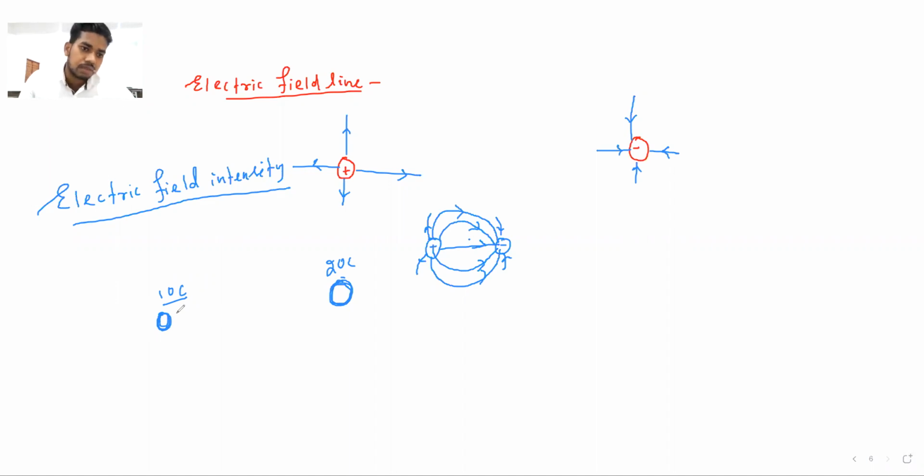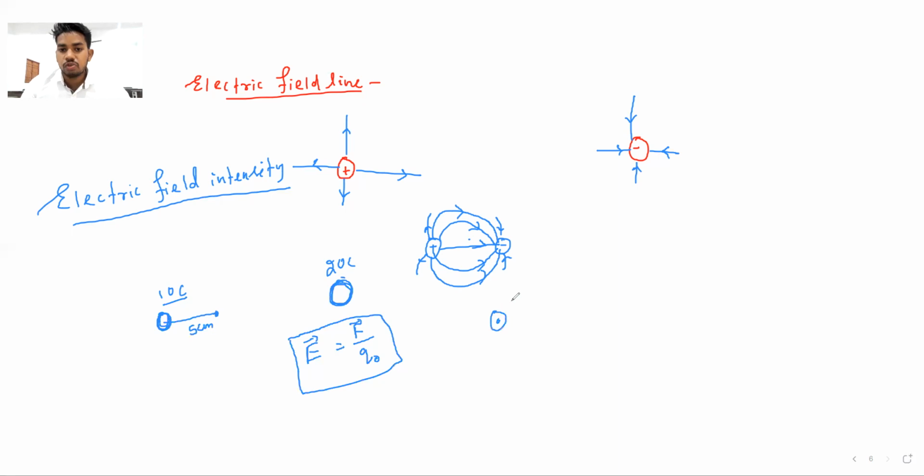For a 10 coulomb charge, how to find the field at a distance of 5 centimeter or 10 centimeter or any distance? Field strength can be found by taking the ratio of the force experienced by the test charge. Suppose charge Q is here and we want to find the electric field at a distance R. Place a test charge Q naught here.